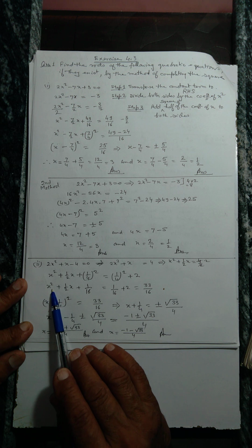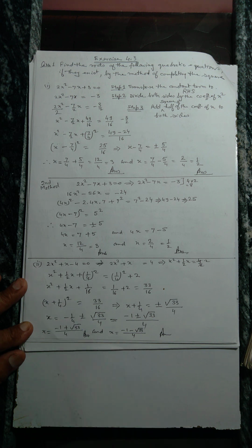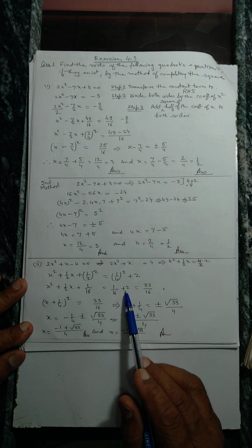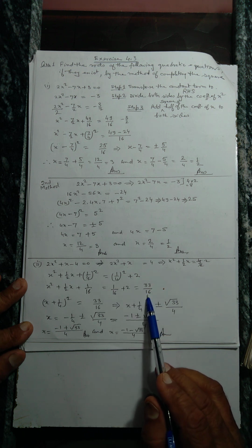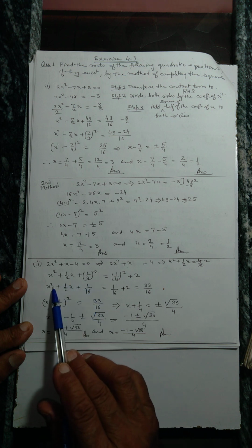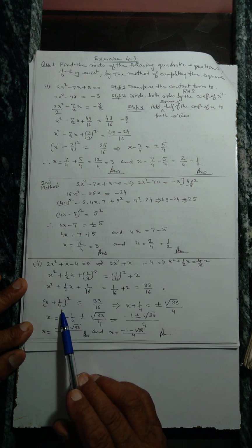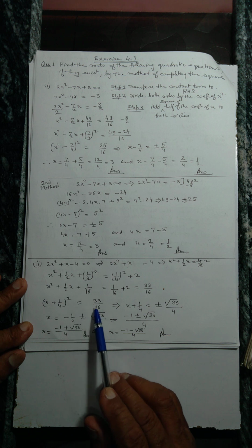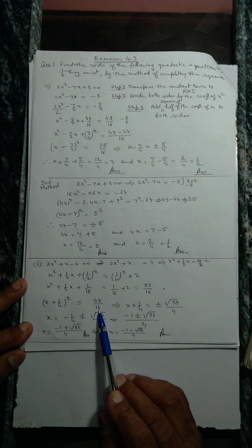So now x square plus 1 by 2 x plus 1 upon 16 is equal to 1 upon 16 plus 2, that is equal to 33 by 16. You see here it becomes a perfect square. So (x plus 1 by 4) whole square equals 33 upon 16.